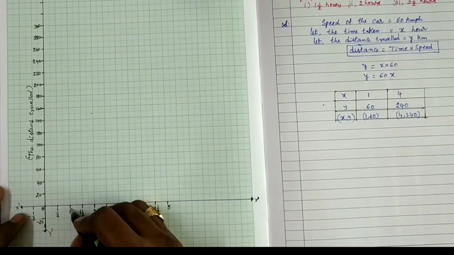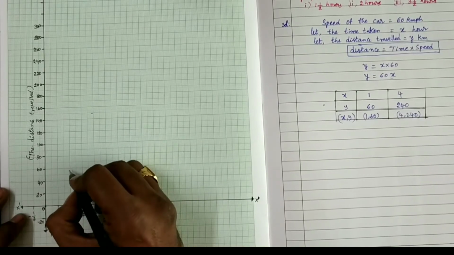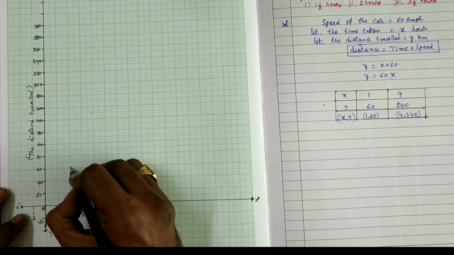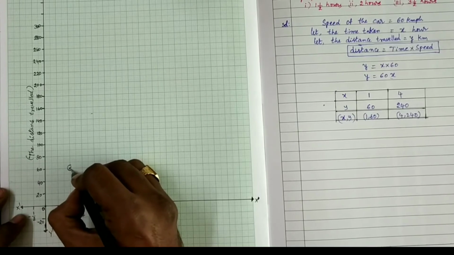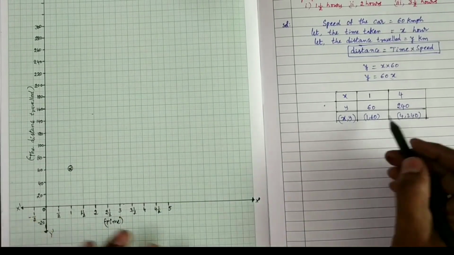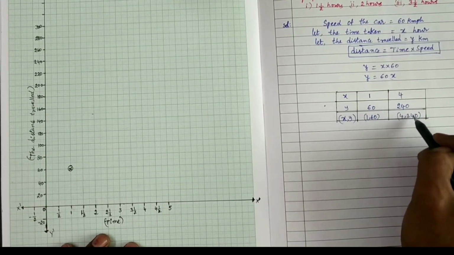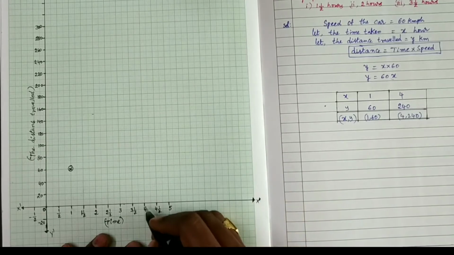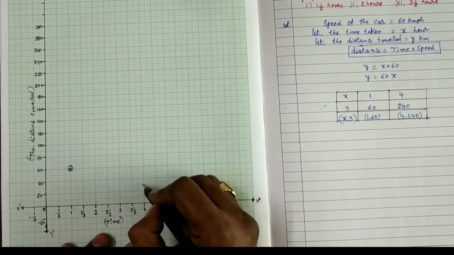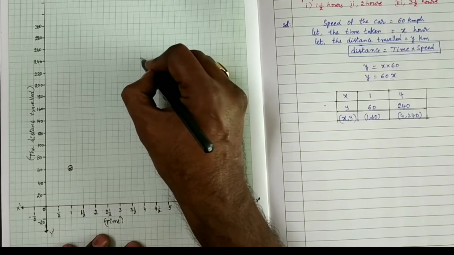So for 1 hour the distance traveled is 60 kilometers. And in 4 hours, the distance traveled is 240 kilometers.